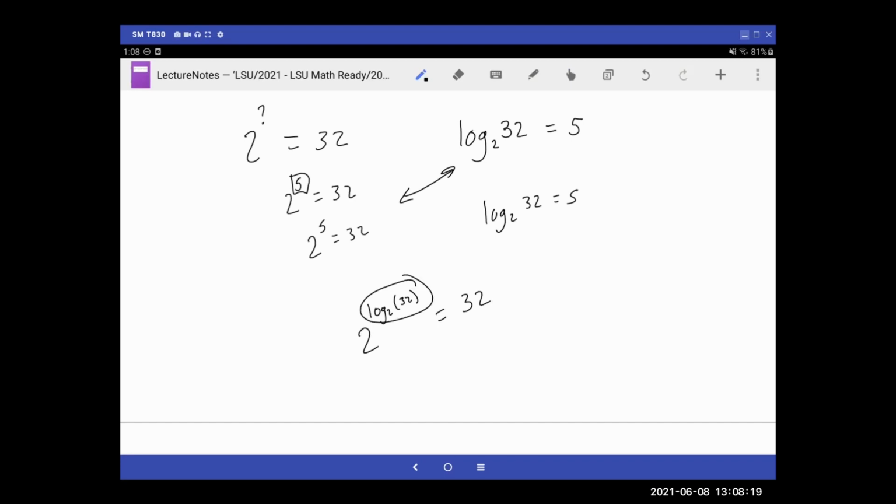This exponent is 5. So a logarithm is essentially an exponent that answers the question, 2 to what power equals another number. And so we can use logarithms to solve exponential equations.